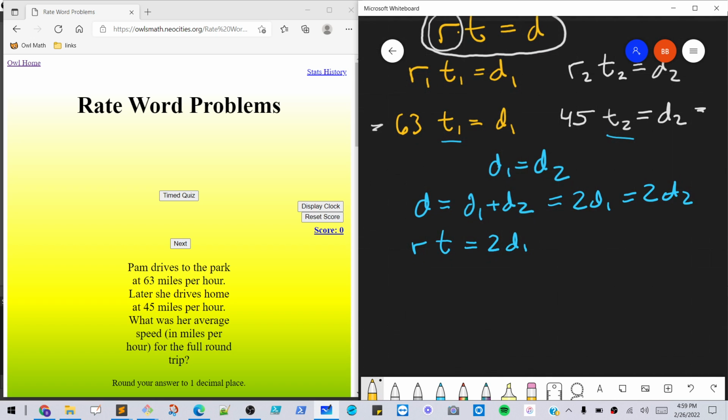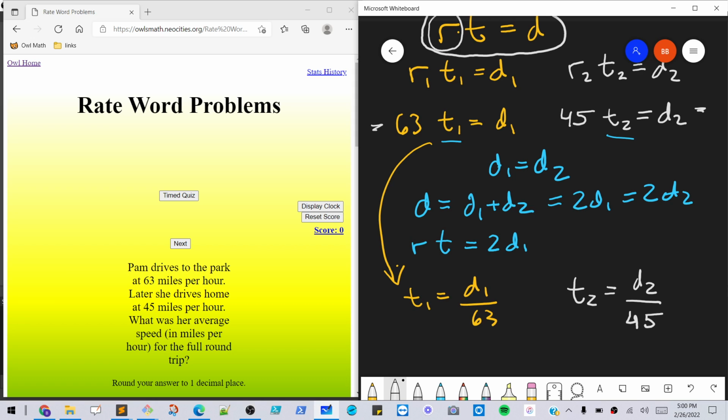I'm going to come down here. We can write the time T1 as D1 over 63, just by dividing by 63. And then we can write T2 as D2 divided by 45.